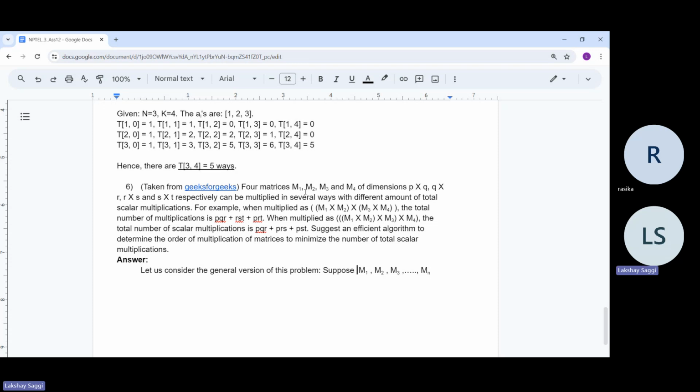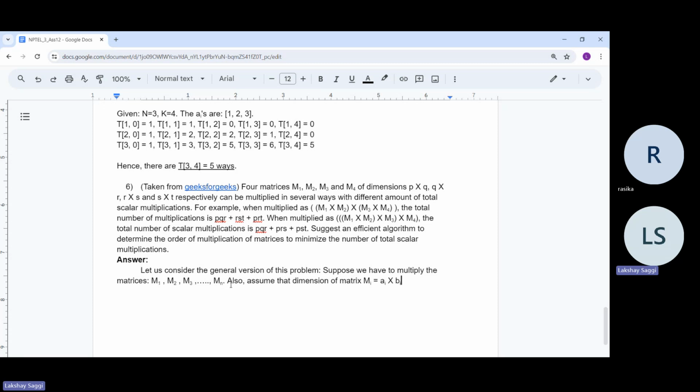Suppose we have to multiply the matrices M1, M2, M3 till Mn, and assume that the dimension of matrix Mi is equal to Ai cross Bi.